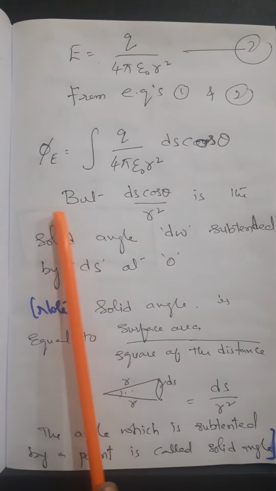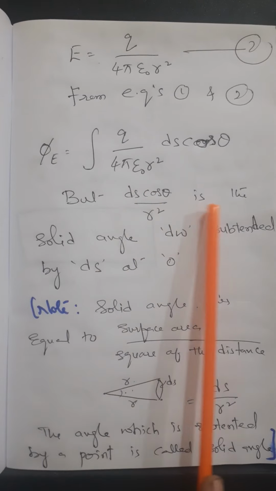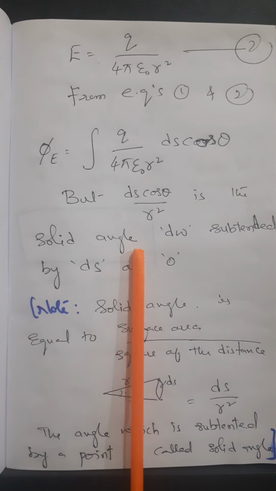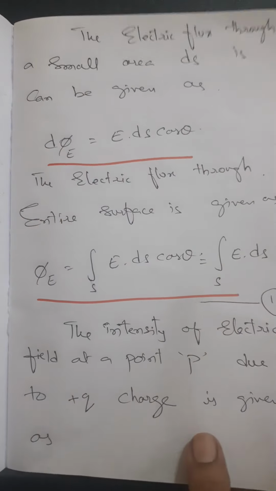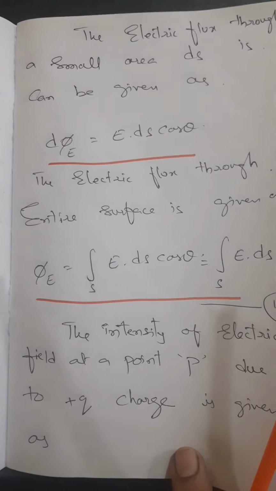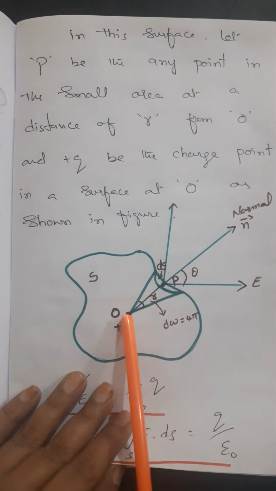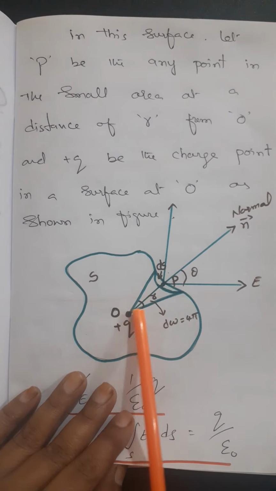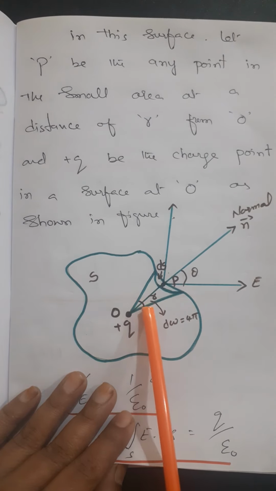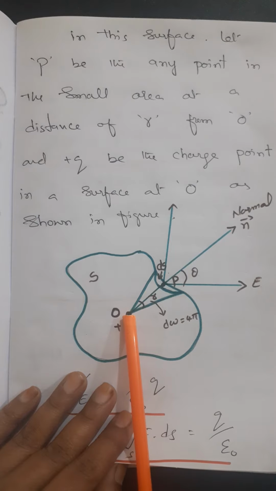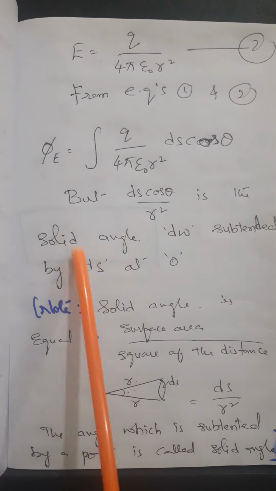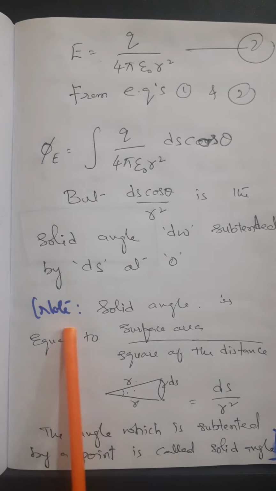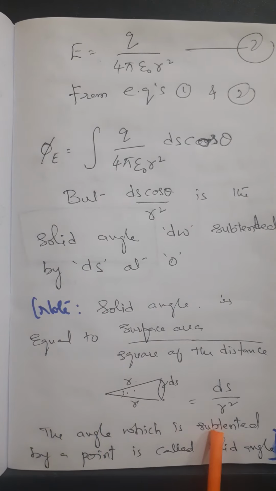Here ds cos theta by r square is a solid angle d omega subtended at point O by this small surface area. I have given a note on how to understand the solid angle.